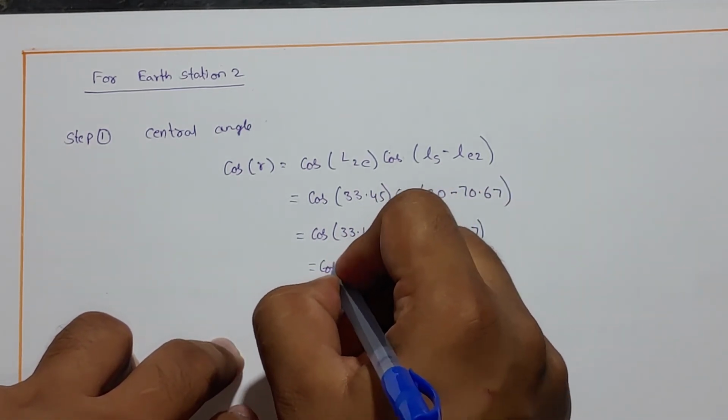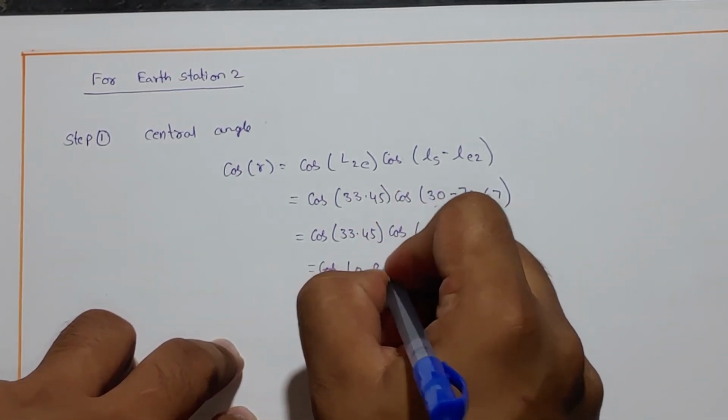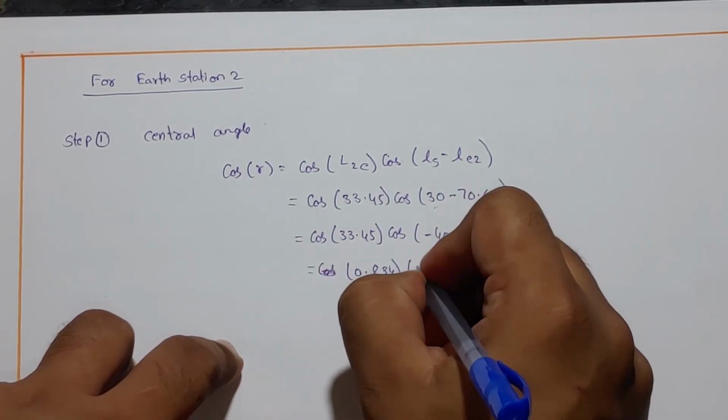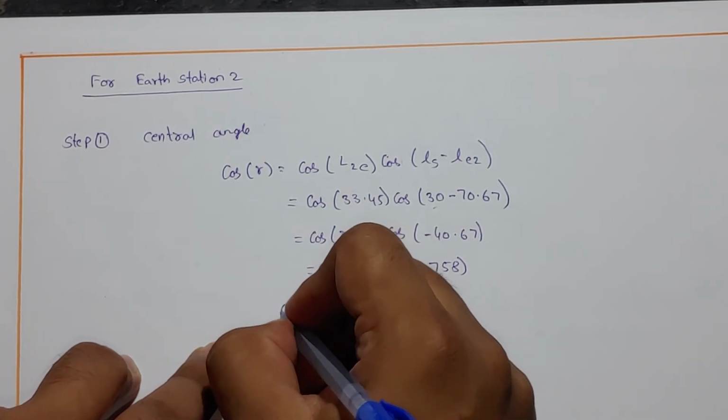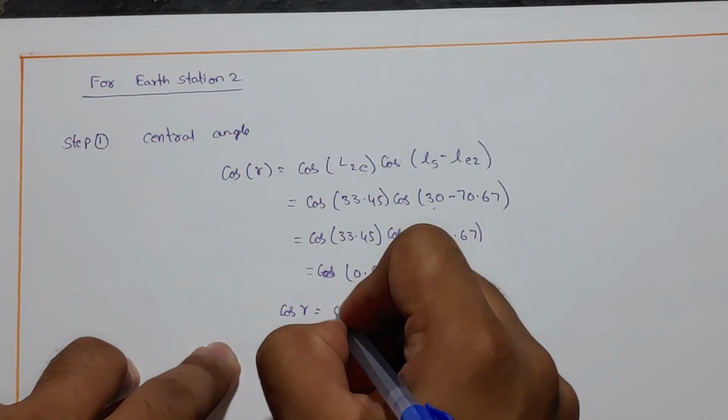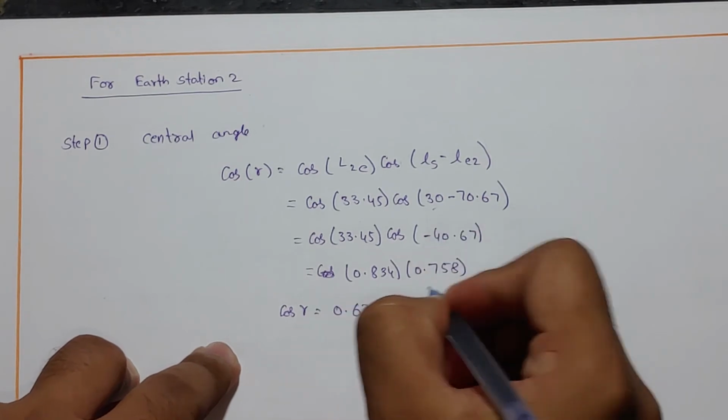On finding the values we will get 0.834 and 0.758. So from this we could get cos of central angle is equal to 0.6321.